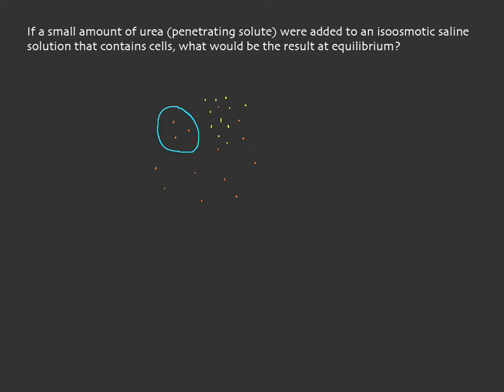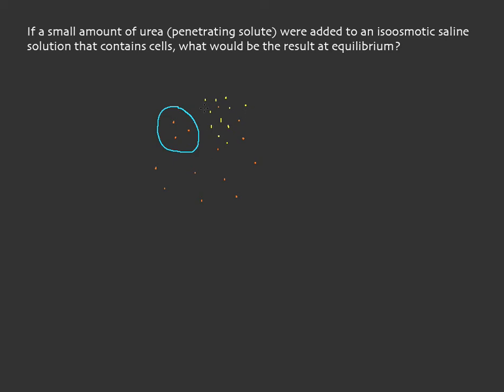Now let's ask the question, what happened to the solution? Well, now it's hyperosmotic to the cell. It's not hypertonic because this solution is penetrating, but it is hyperosmotic, which means that water will want to move out of the cell in order to even out this concentration.